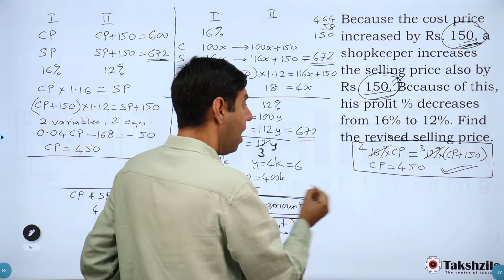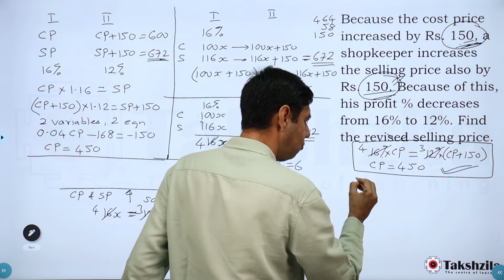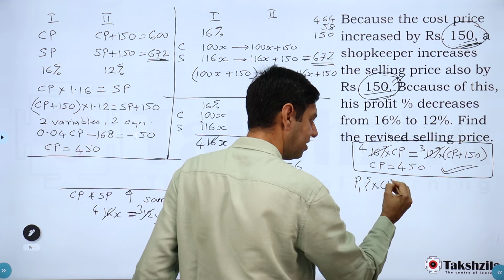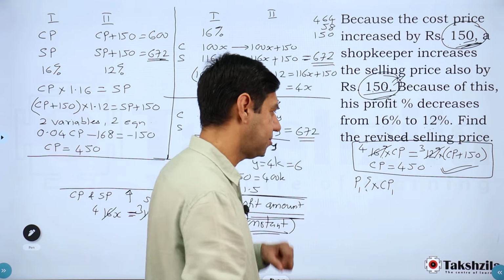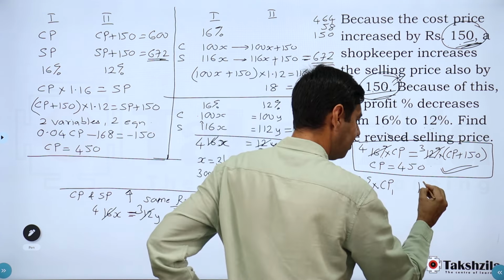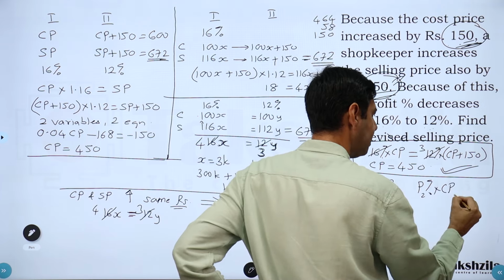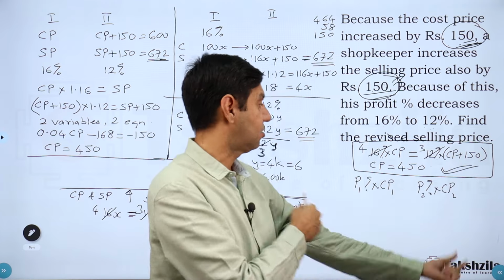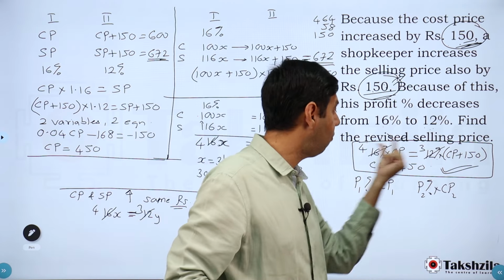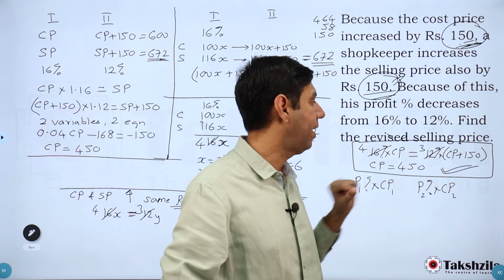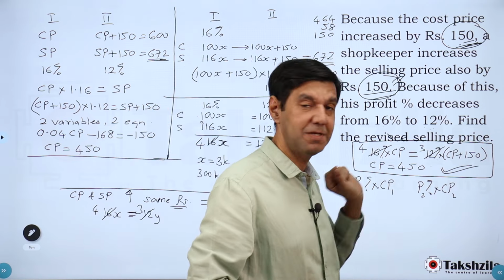How? Could I say this is similar to profit percentage 1 times cost price 1? Because I'm talking of first scenario and second scenario: cost price 1, profit percentage 1, second scenario, profit percentage 2, new cost price. I don't even want to write this much. I want everything oral, without variables, without the CP.